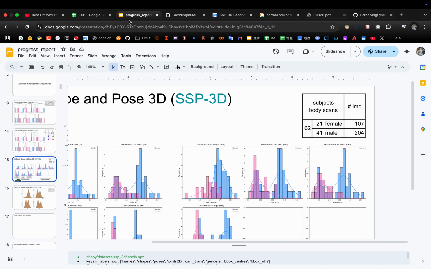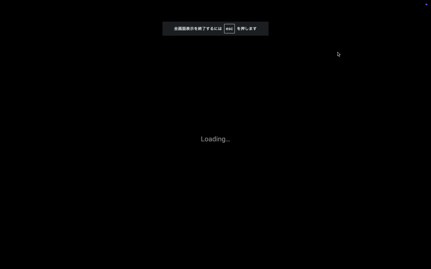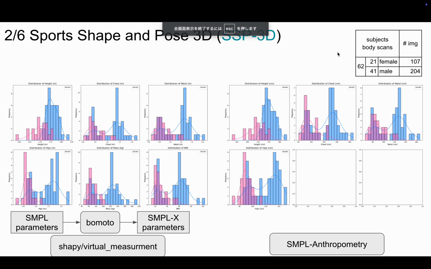What I want to say is that with the BMI distribution, we want to examine the body shape distribution because the data is so large, and we would like to have a brief look at the data set we are going to evaluate our model on.